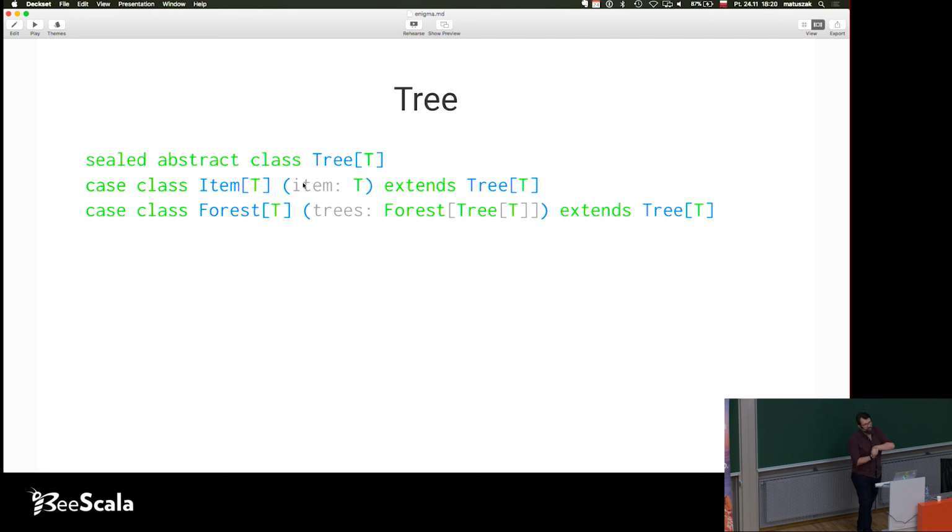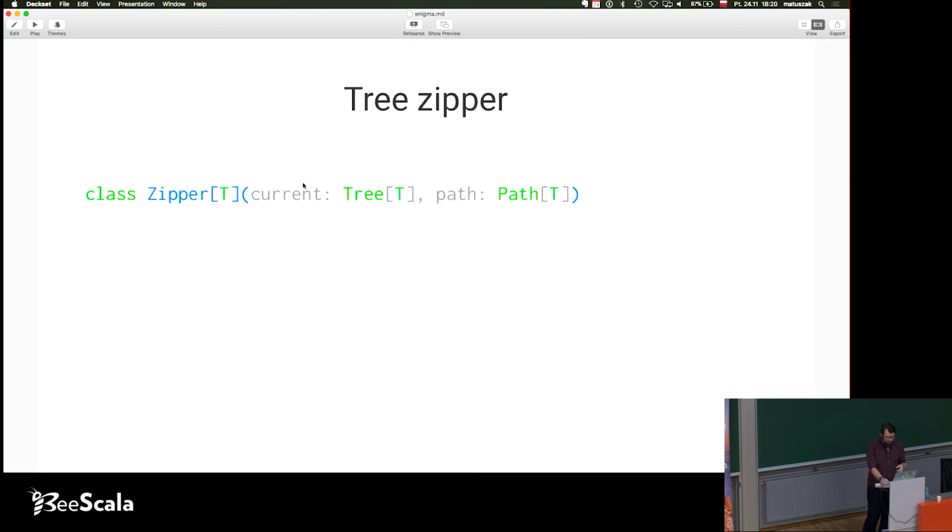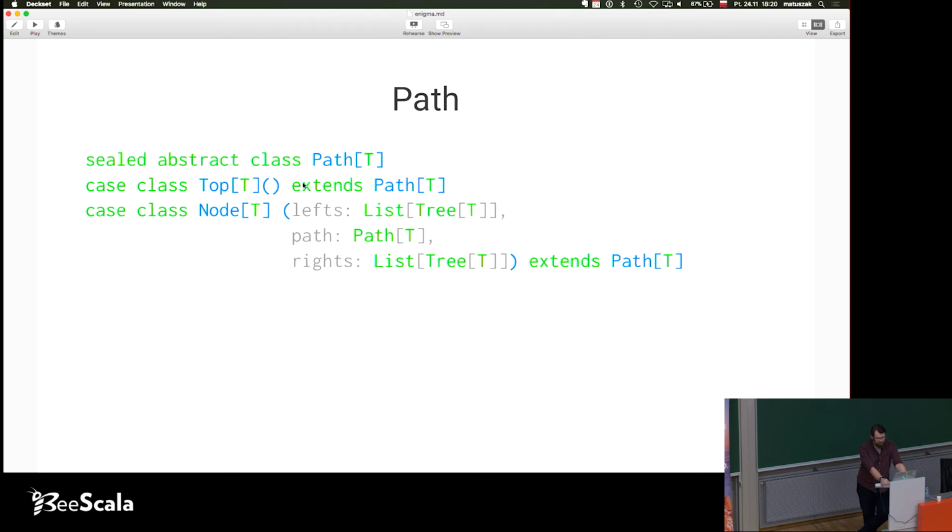The same we can have for a tree. So we can define the tree in this way: we have an item and a forest, and the forest is a list of trees. And we can define a zipper. It will look a little bit different this time because we have a current tree and some path. And this path will look like this, not going into details.